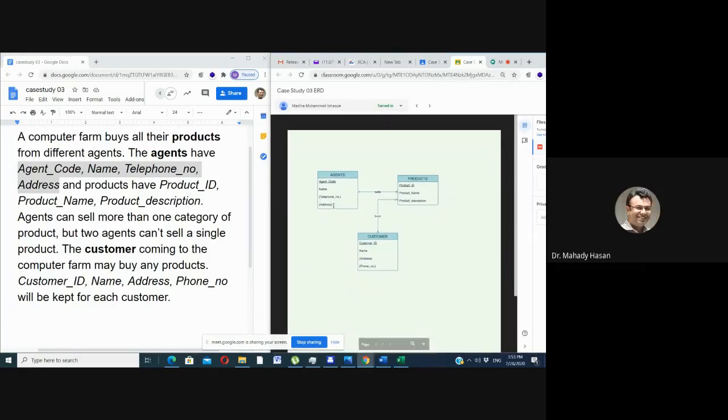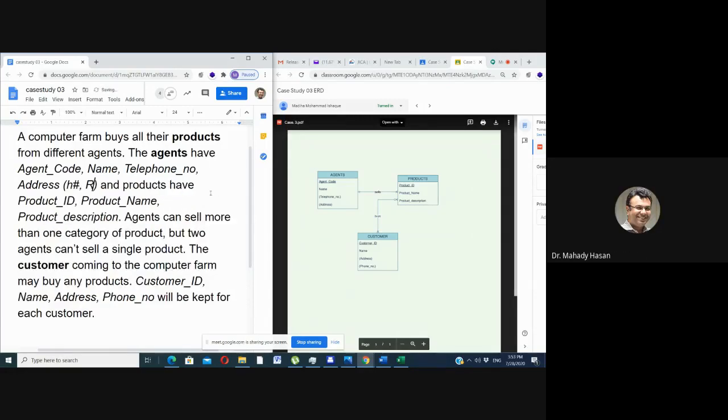Composite attribute. If it is a composite attribute, it should be written the other way around. You have to keep address in this way, and then the components should be written under the bracket. So maybe house number, road number, area, city, whatever you want.